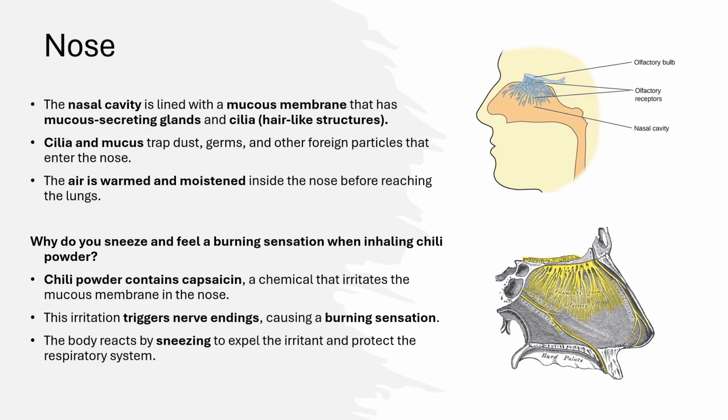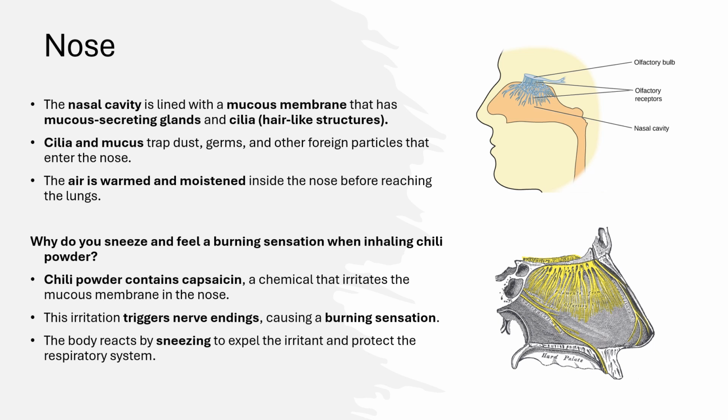So if we start off with the nose, the nasal cavity is lined with the mucous membrane that has mucus-secreting glands and cilia. These cilia are the hair-like structures that we have in our nostrils. So both these cilia and the mucus trap dust, germs, and any other foreign particles that enter the nose and prevent them from reaching the lungs.